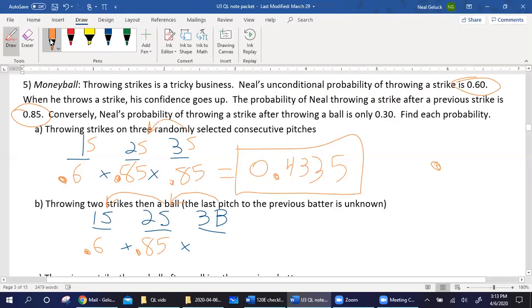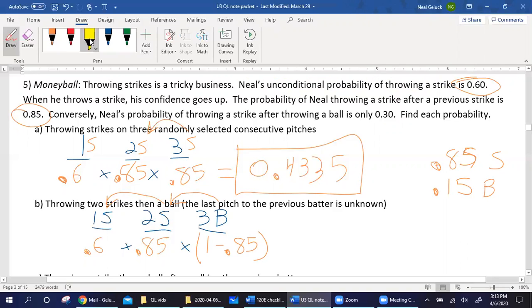If there was an 85% chance of a strike, that means that there's only a 15% chance of a ball. So what I'm actually doing here is saying that there's a 1 minus 0.85 chance of throwing a ball if I threw a strike previously.